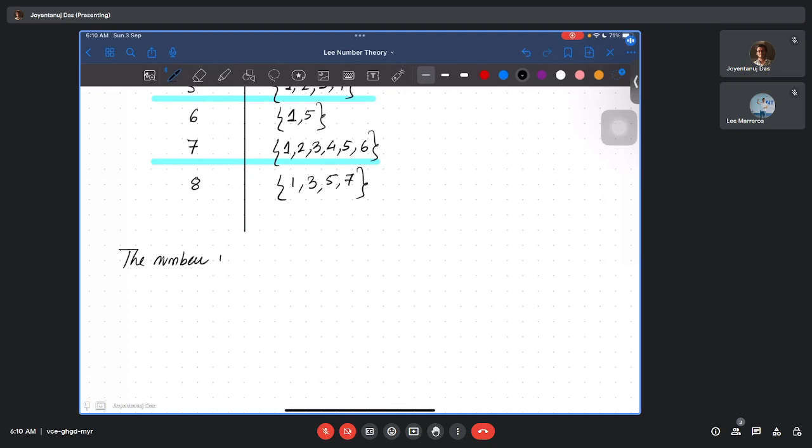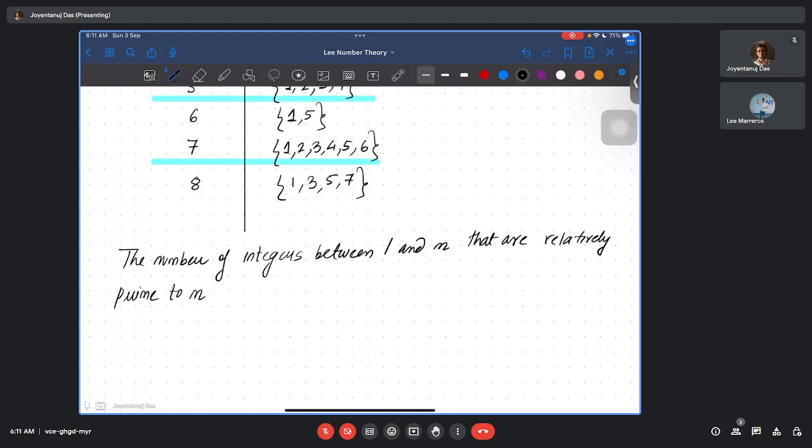The number of integers between 1 and m that are relatively prime to m is denoted by phi of m.